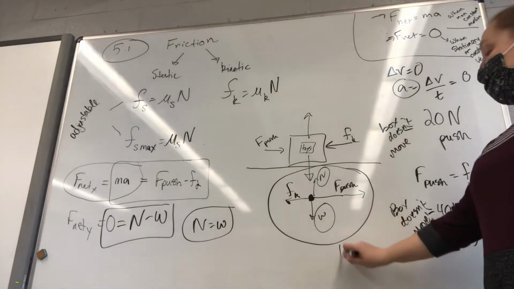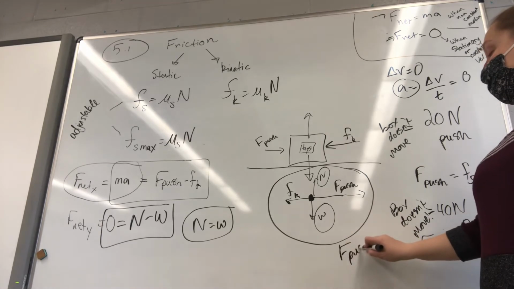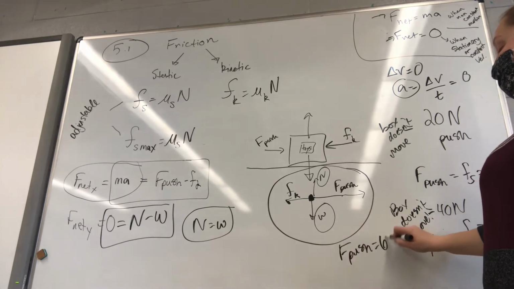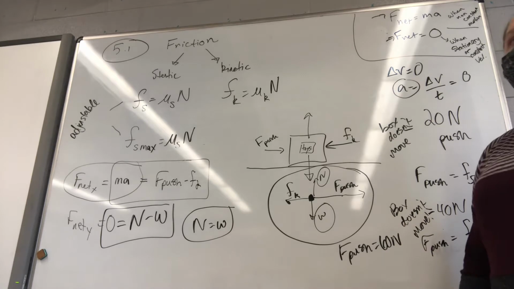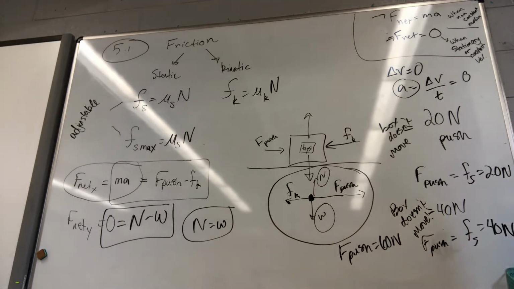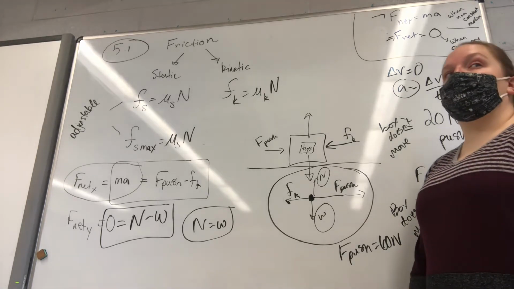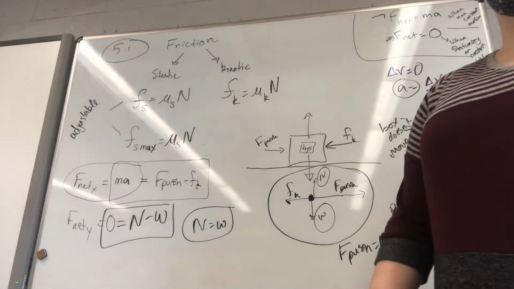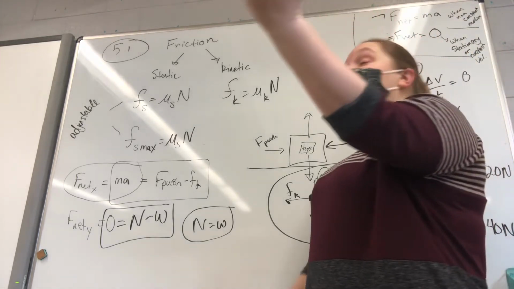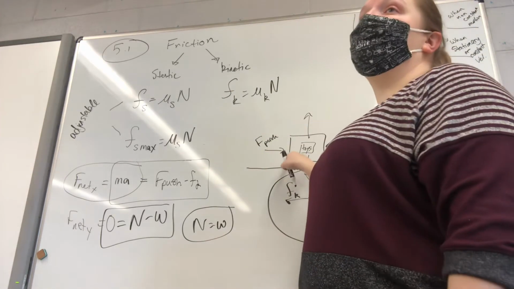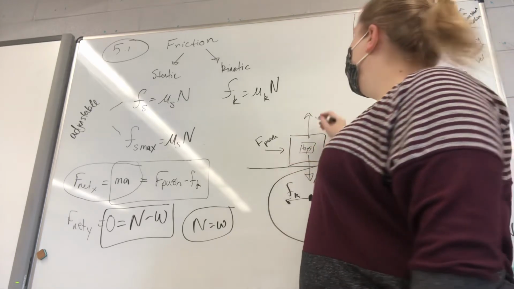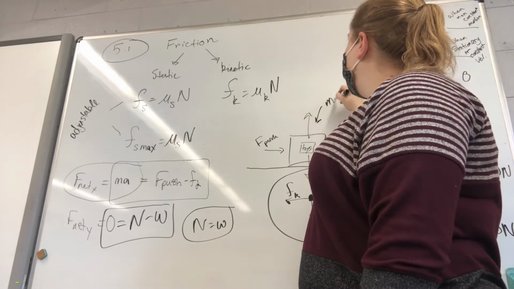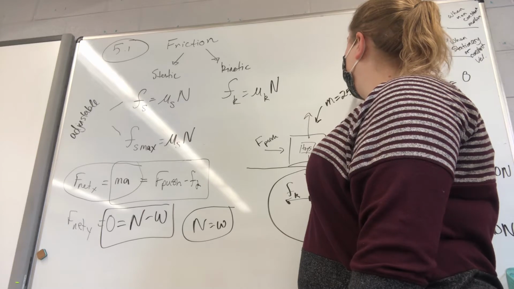Let's say that we push it with 60 newtons of force. What other piece of information do you think we're going to need in order to solve this problem? The weight, or more specifically, the mass of the box, right? We're going to need the mass of the system. Let's say 25 kilograms.